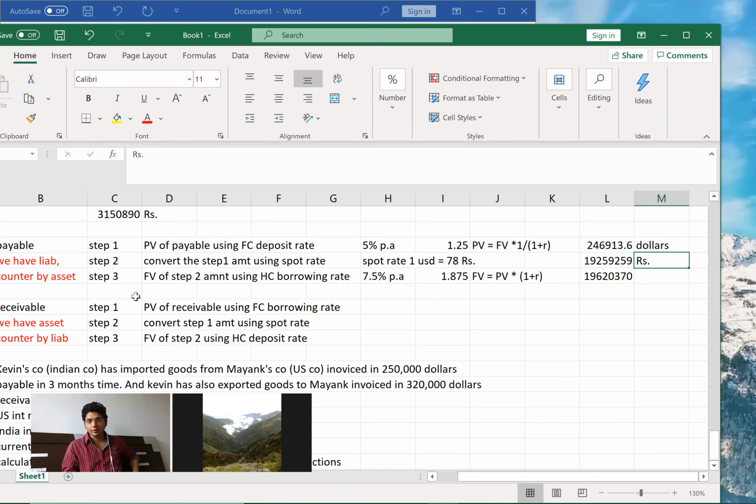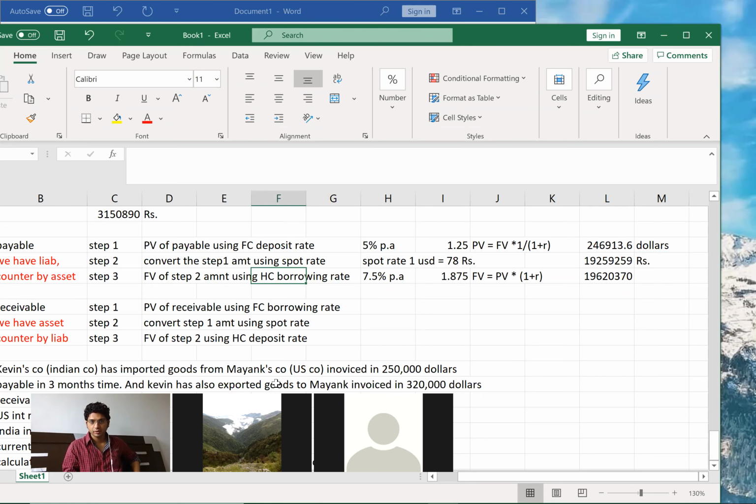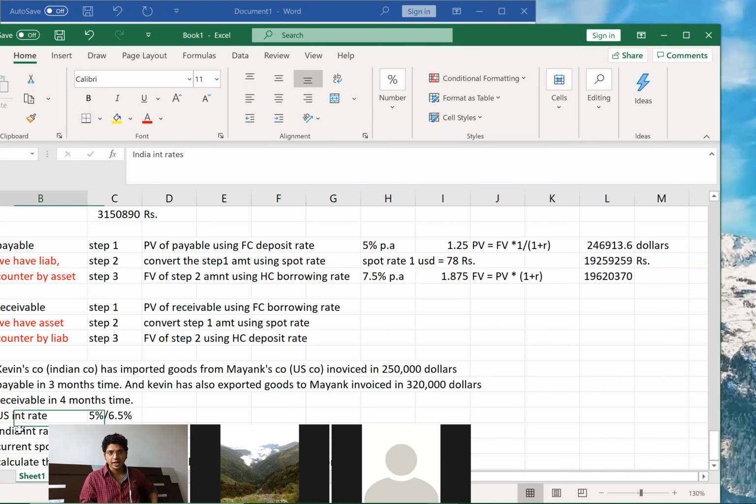Okay. So now what do I want to do? I want to calculate future value using the borrowing rate, because deposit rate in step 1, so borrowing rate in step 3, but home currency borrowing rate. Home currency means India. India borrowing rate means higher rate, 7.5%. So 7.5% is per annum. I want it for 3 months. So 7.5 into 3 by 12.